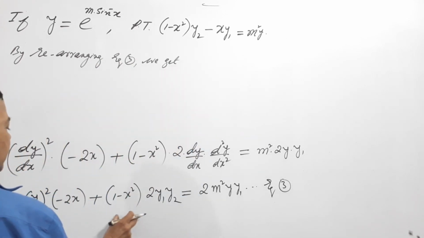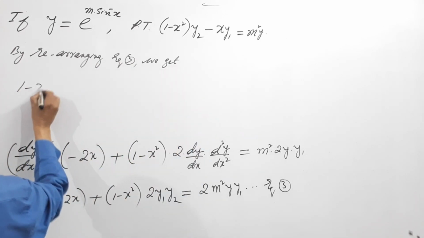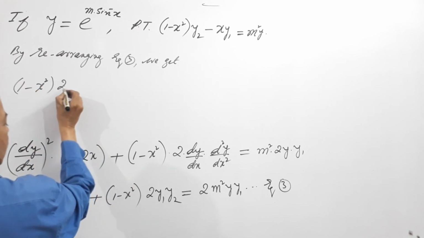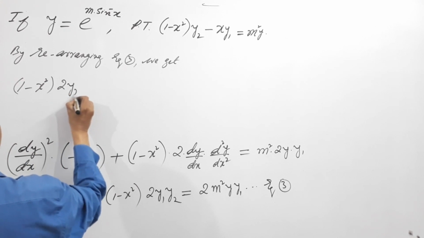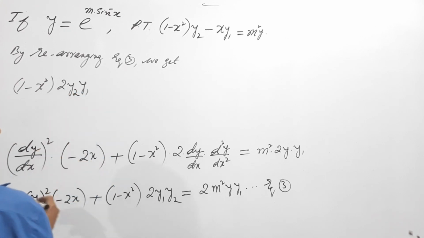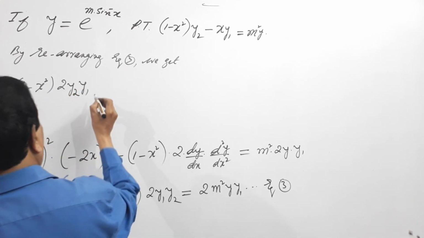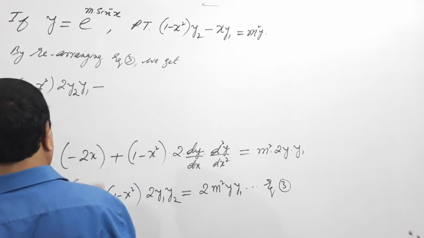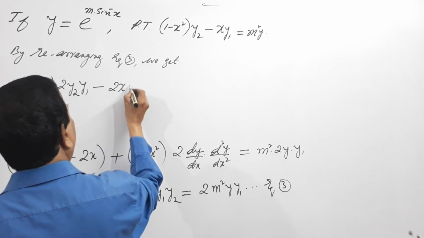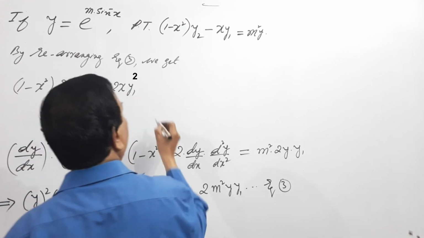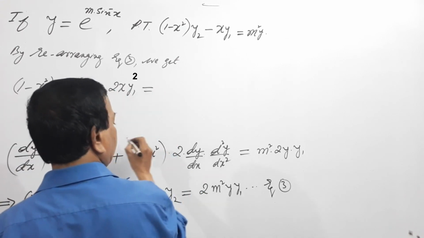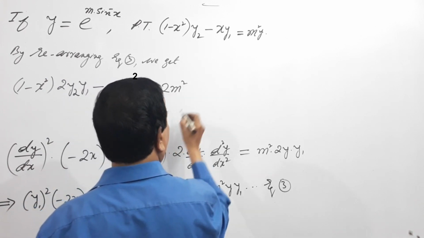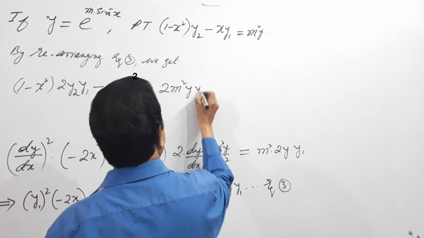first, 1 minus x square into 2 y2 y1 minus 2x y1 equals 2 m square y into y1.